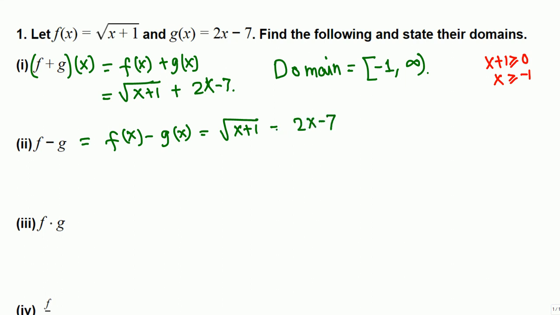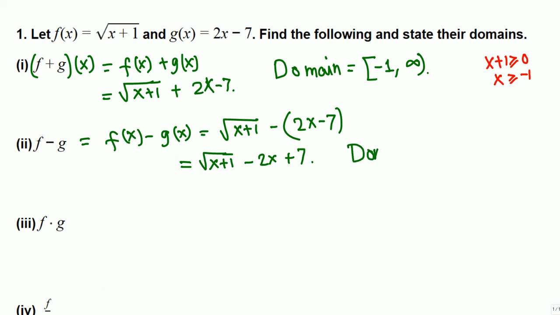But we have to be careful, there is a negative sign, so we need to put parentheses around, and this is negative 1, we need to distribute. This is same as root x plus 1 minus 2x plus 7. Okay, this is it. This is the difference of two functions.